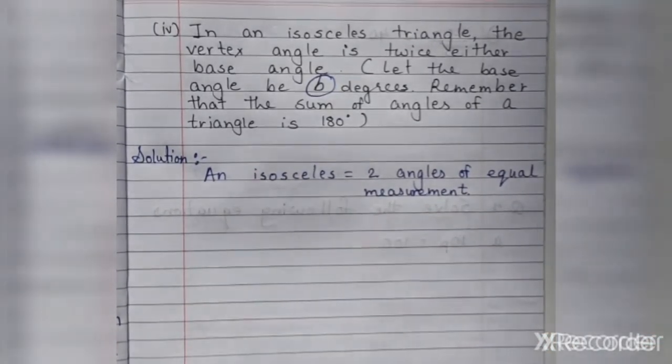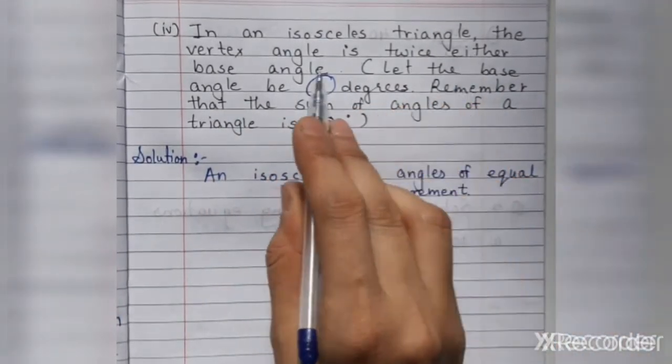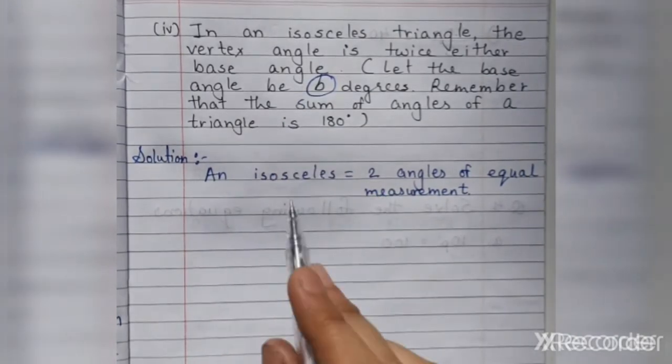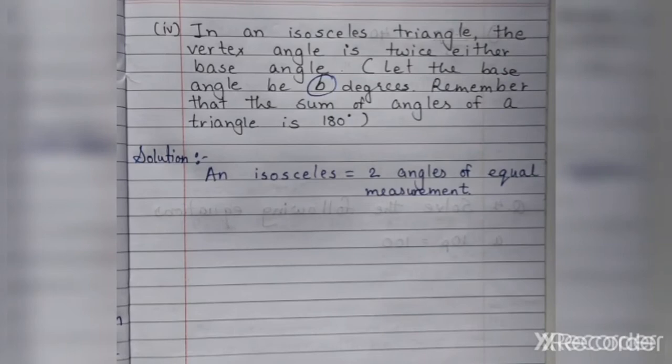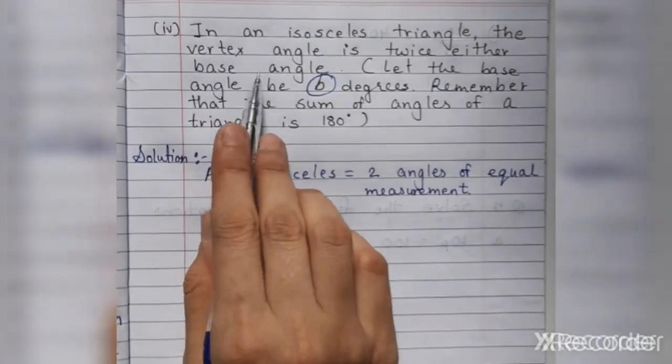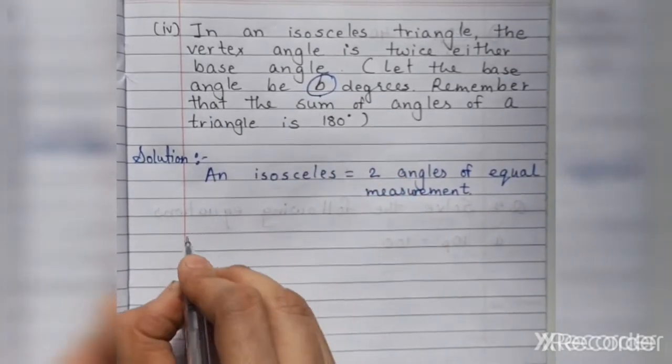Now again read the word problem. The vertex angle is twice either base angle. We know vertex angle is double than the base angle, any of the base angle. But what is the measurement of base angle, that we don't know. So we will use variable for that.